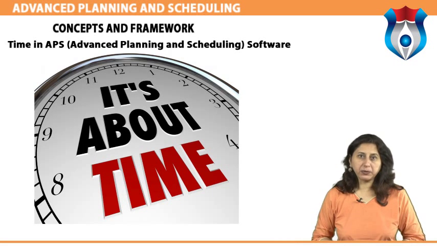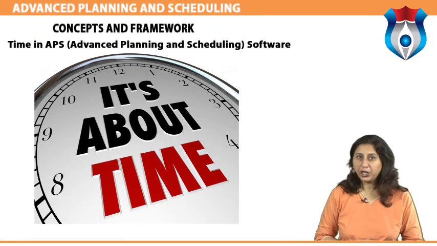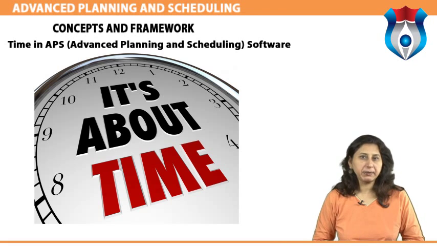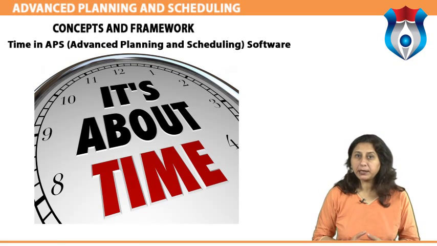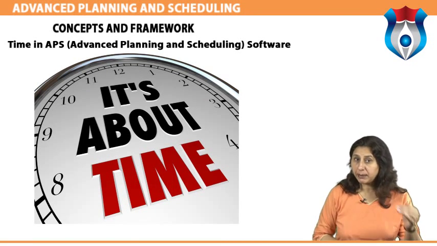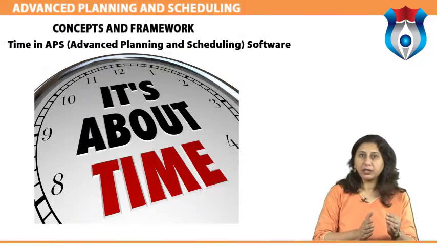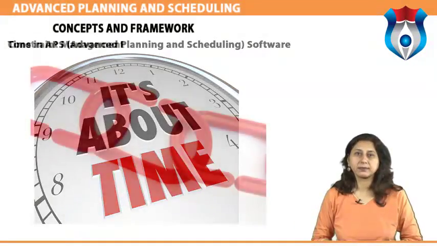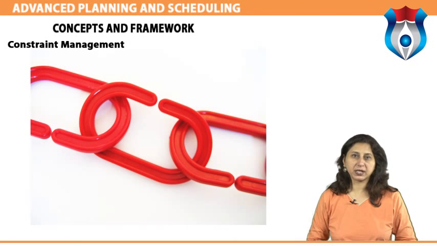The APS framework stresses the ability to provide multi-horizon visibility. Many parts of older planning frameworks break business processes into multiple steps which are performed separately and pieced together to generate feasible plans. Constraint management.